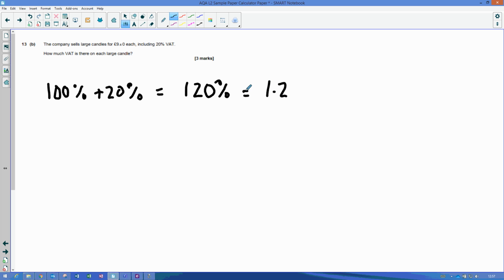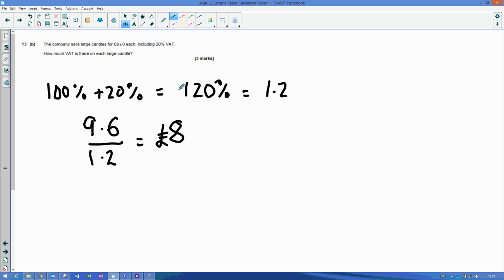So if we take 9.60 and divide it by 1.2, we find out what 100% is. Type that into your calculator and you'll get 8. So the original cost of the candle without VAT was £8, and then we've added the VAT on.